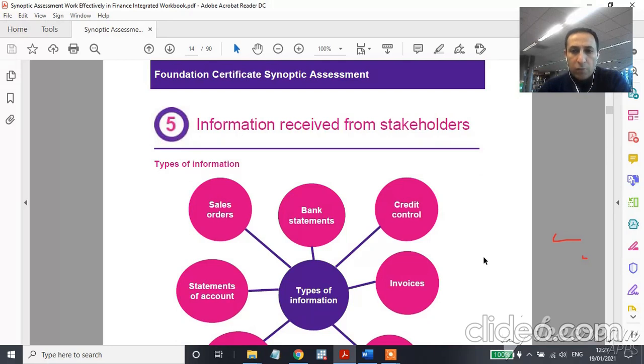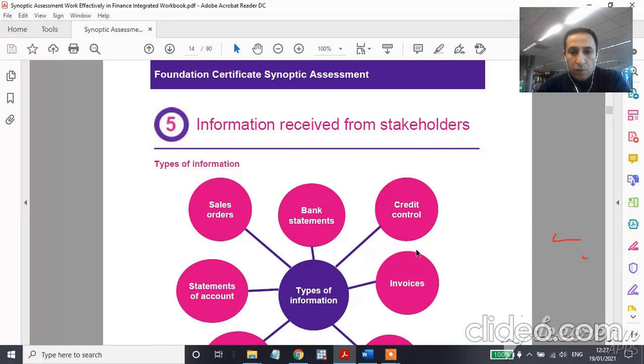All these stakeholders probably have an interest in your organization, and they need to see this kind of information. For example, the statement of the financial position and the statement of profit and loss. They need to see what the planning of the organization is, for example, how much the company owns and how much they owe.